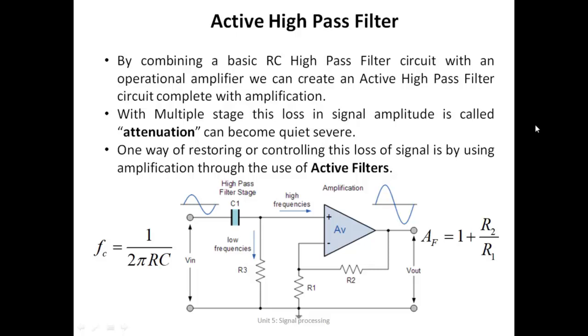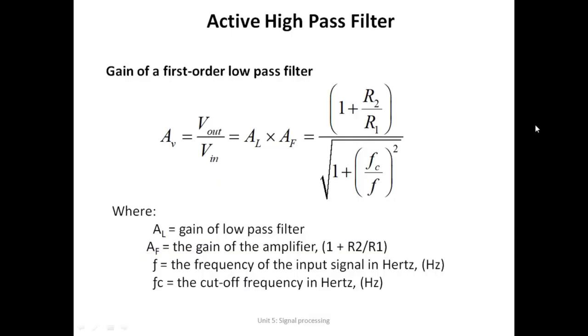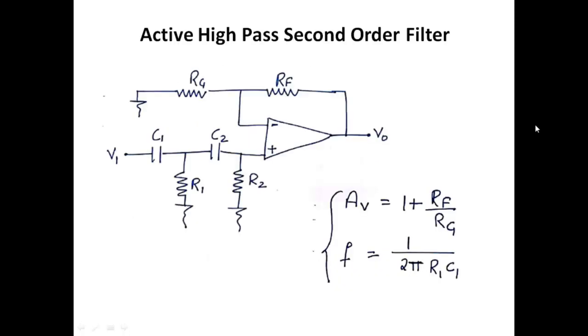So this is an active high pass filter. Right. So again, just like in the previous video, the net gain of the first order high pass filter will be the multiplication of the two. That is, the final gain will be (1 plus R2 upon R1) upon under root of 1 plus (Fc by F) whole square. Right.